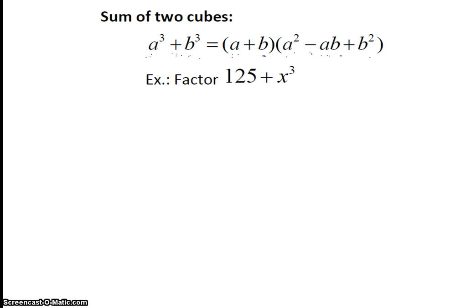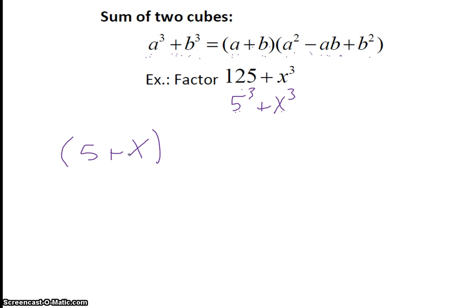So for example, 125 is a perfect cube. It's 5 cubed plus x cubed. So my a is 5 and my b is x. When I factor it, it's 5 plus x, so my a and my b. Oops, excuse me. I said x, but I wrote 5.